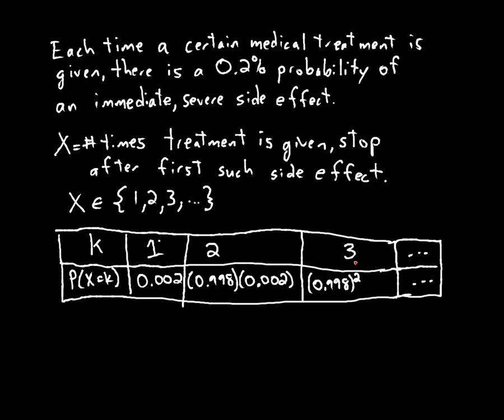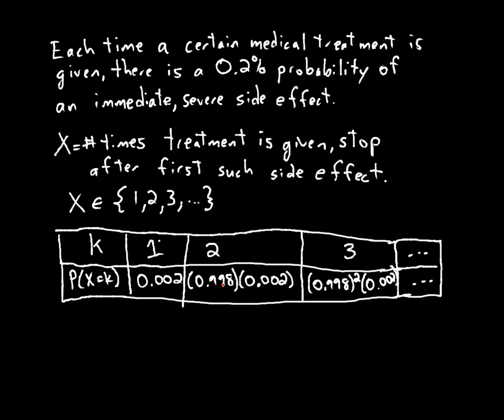Probability the first treatment doesn't result in the side effect is 0.998, and the probability the second treatment doesn't result in the side effect is the same. And then the third treatment does result in the side effect, which happens with probability, sorry for cramming that in here, of 0.002.